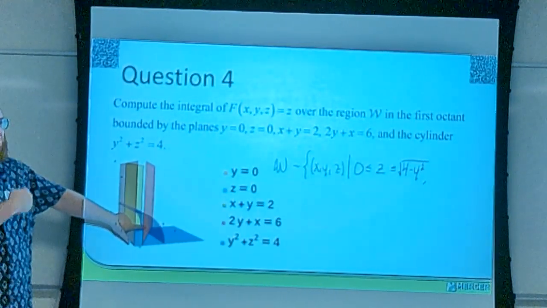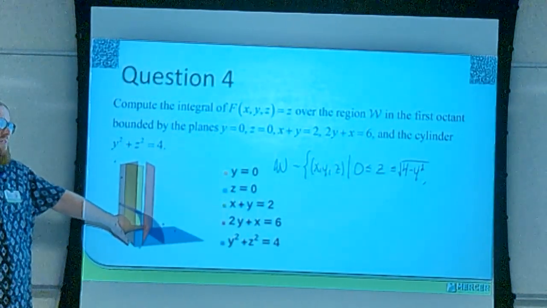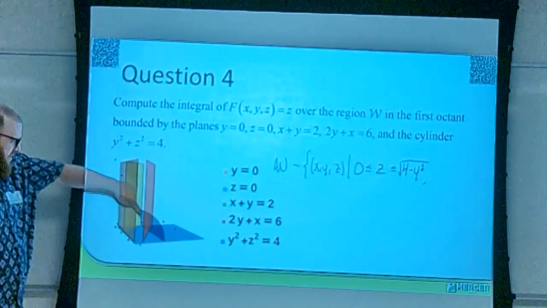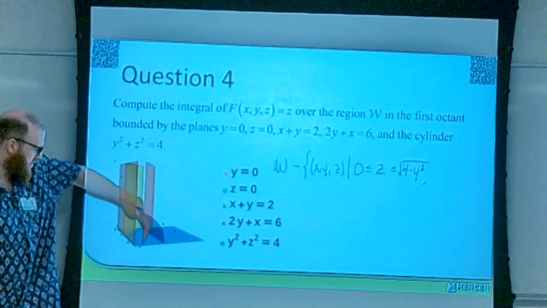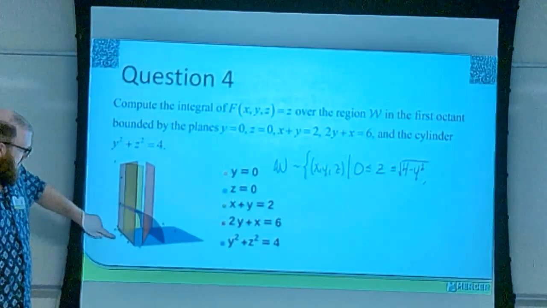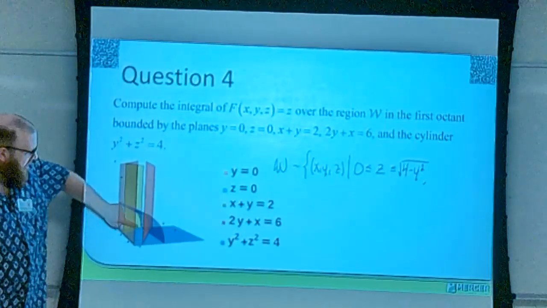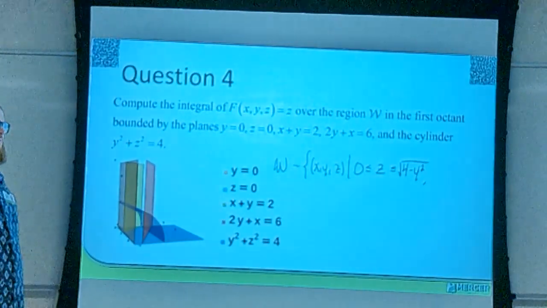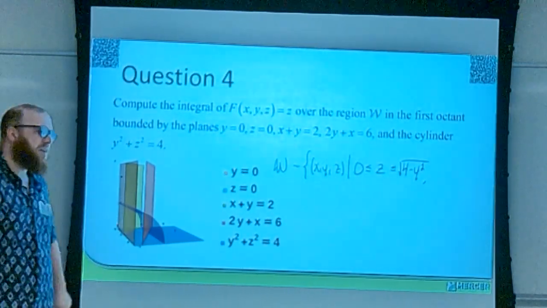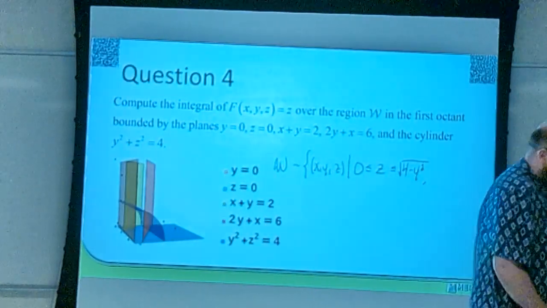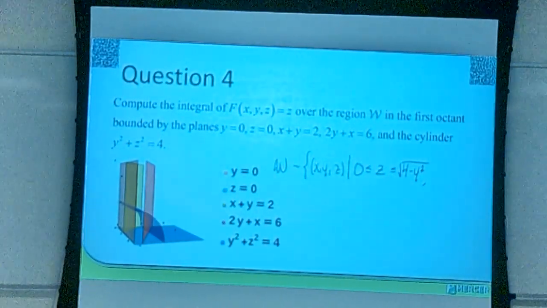Oh, that requires two regions, two solids. Gotcha. Versus if we just do X, this is the Y axis back here. As we slide over that, X would always just go from green to red. Which means we should probably do dx dy. Gotcha.